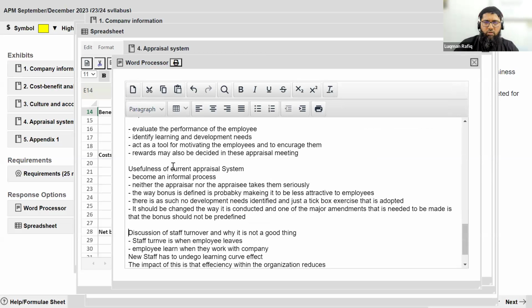I'm actually creating a process for you on how you would handle these things in the examination: writing down the pointers and then going about it.